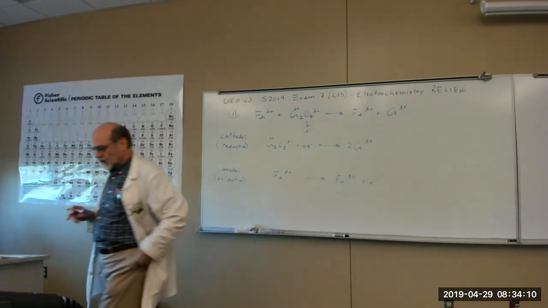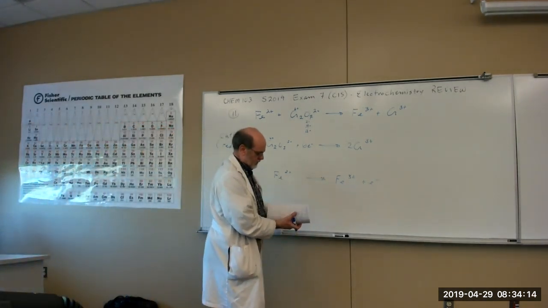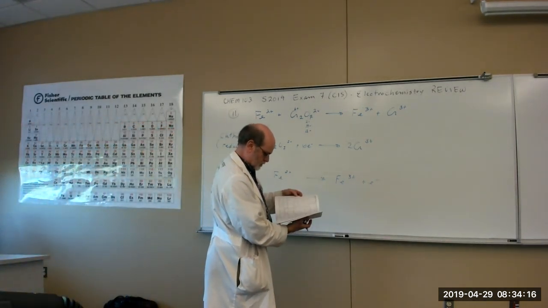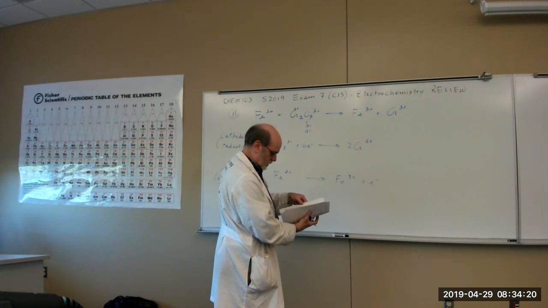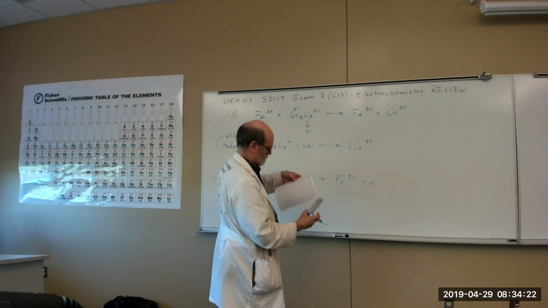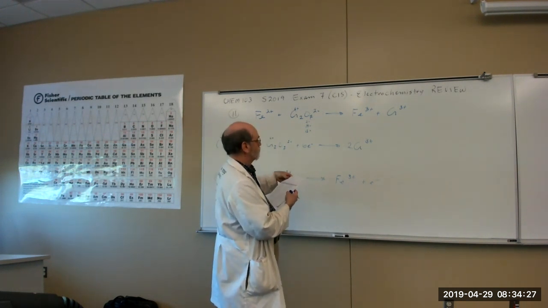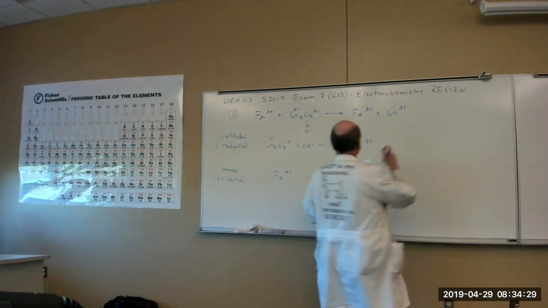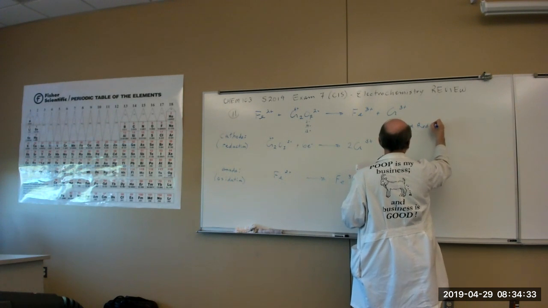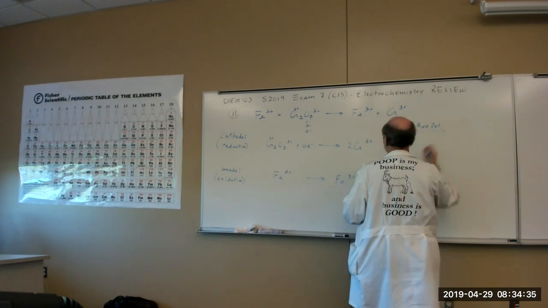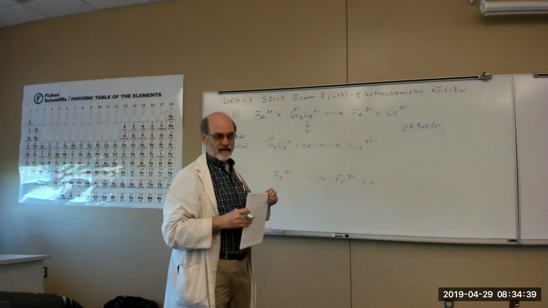Now we look at our standard reduction potentials, which are on page 29 of your review document. So these are standard reduction potentials. This is like the crown daddy of review documents.